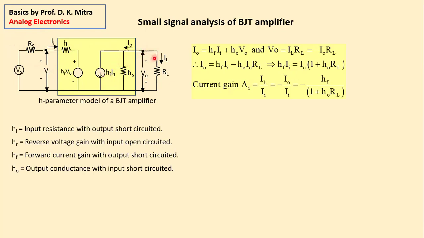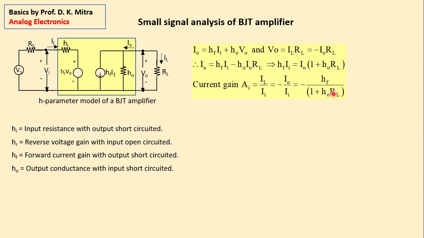It talks about the resulting output current divided by input current. So output current IL by II, and IL is equal to minus IO, so minus IO by II. Now from here we get minus IO by II is equal to minus HF divided by 1 plus HO RL.